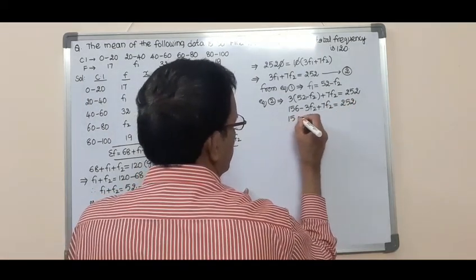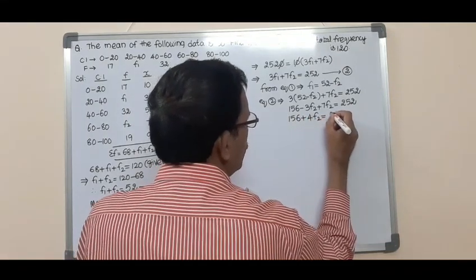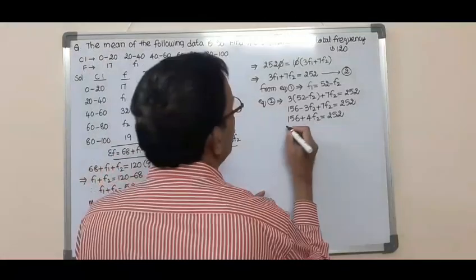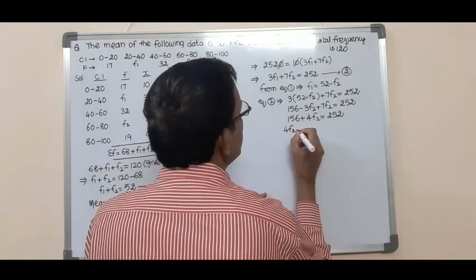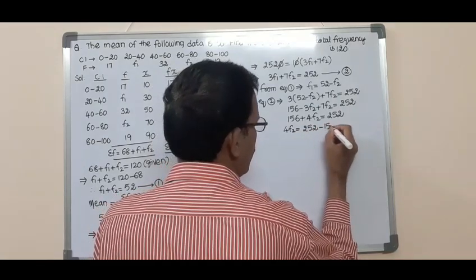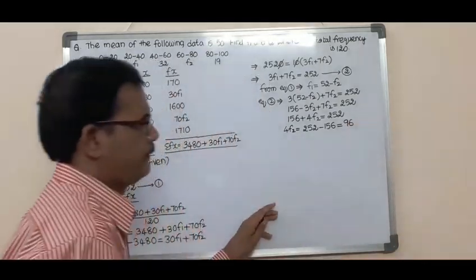Now 156 plus 4 f2 is equal to 252. 4 f2 is equal to 252 minus 156, that is equal to 96.